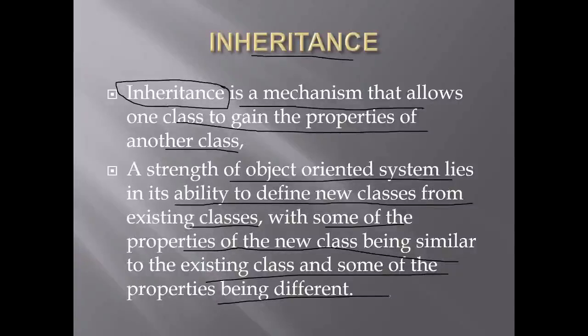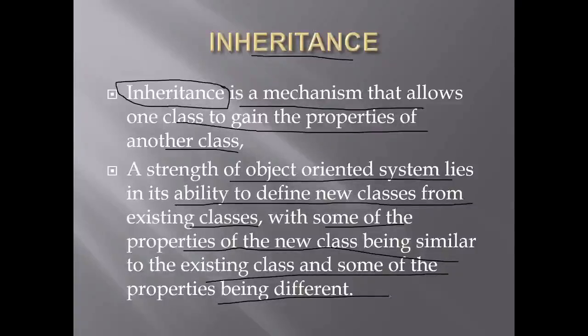Another example: suppose the Ferrari car is already developed and implemented, and the Ferrari class is available. Now after 10 years you decide to develop another new car, for example Swift. This Swift falls in the category of Ferrari car only. So instead of developing everything again, some of the properties will be inherited from the class Ferrari, which is already debugged, tested and implemented, and some new features will be added into the car Swift.